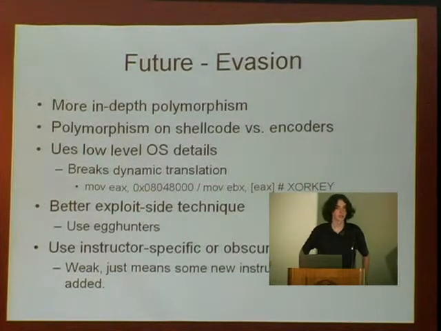I would say that focusing on polymorphic encoders would be better for now, because polymorphic shellcode is so complex that it would take a long time to write a polymorphic shellcode engine, and it may not be worth the effort. It may just confuse you and make your program worthless because you made slight errors and it wasn't really useful.